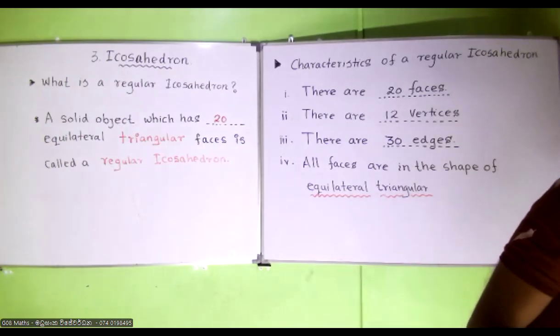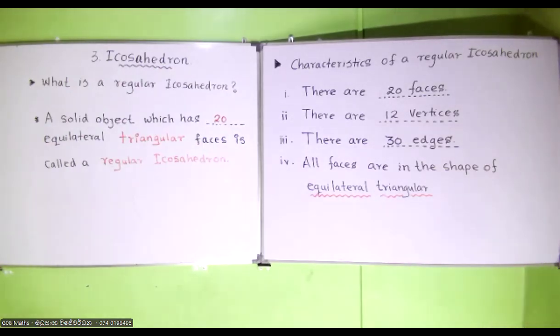So I hope you have written down this one. Now I am going to share the screen. I will show you what the shape of the icosahedron is as well.